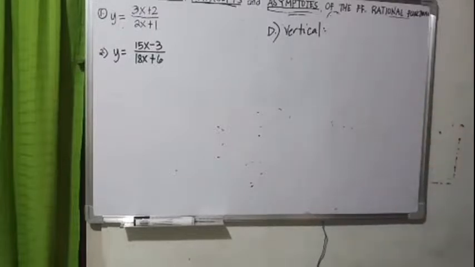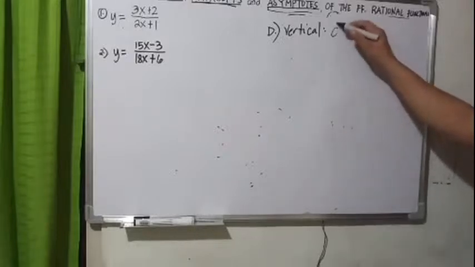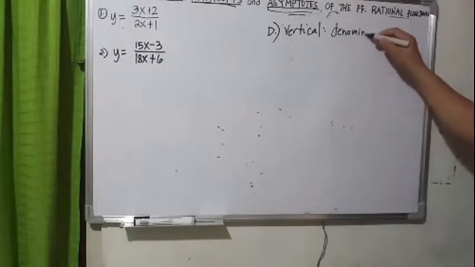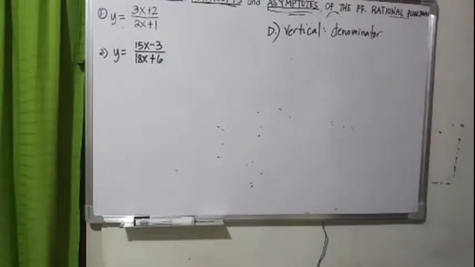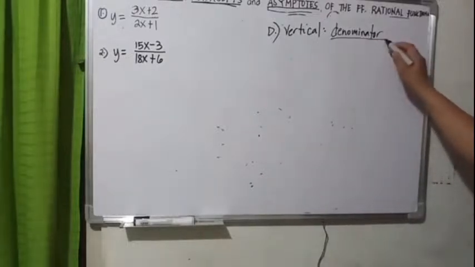Pag vertical asymptote naman ang hinahanap natin, naka-base tayo sa denominator. Tandaan yan ha.